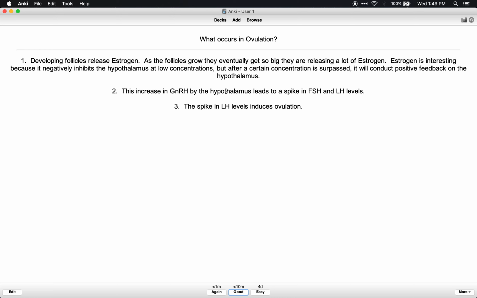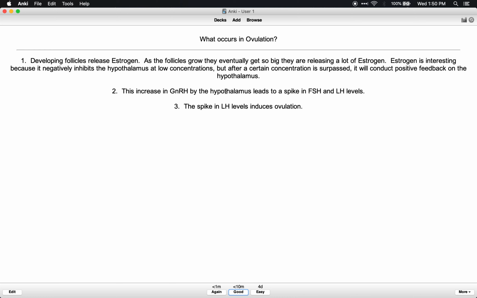Developing follicles release estrogen. As the follicles grow, they eventually get so big that they are releasing lots of estrogen. Estrogen is interesting because it negatively inhibits the hypothalamus at low concentrations.